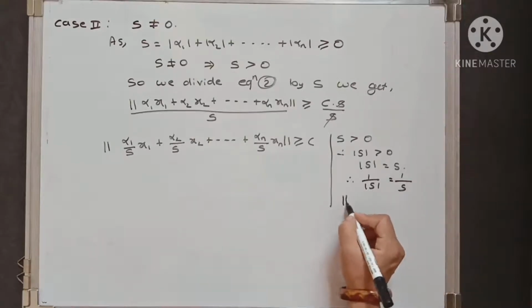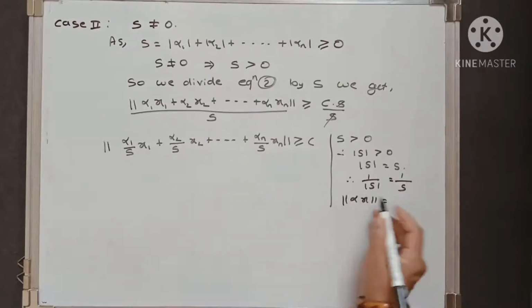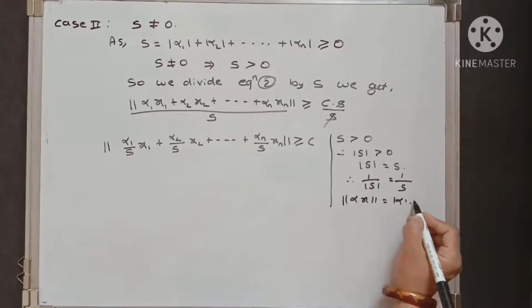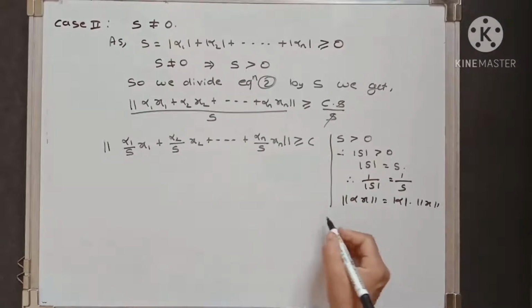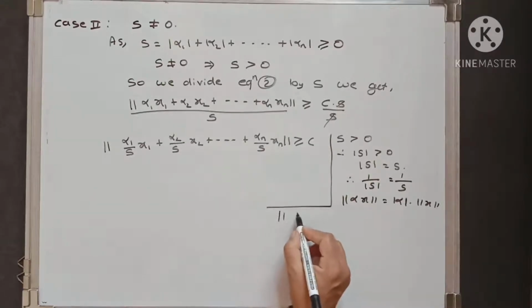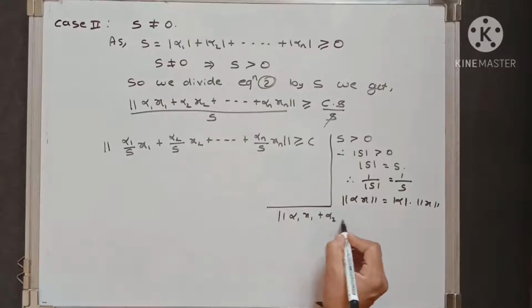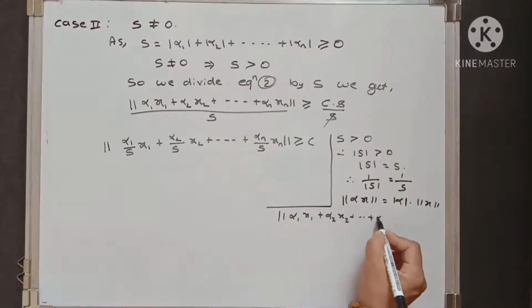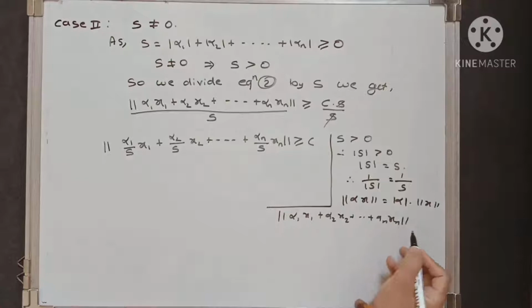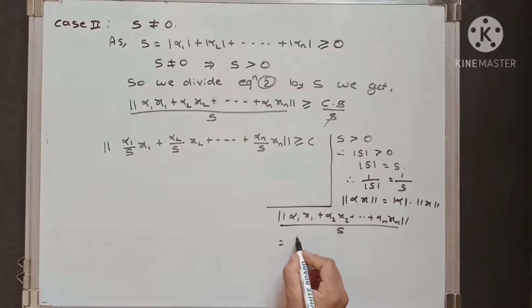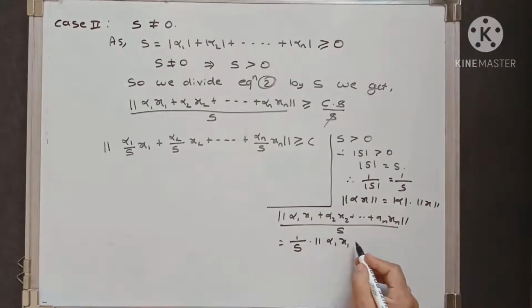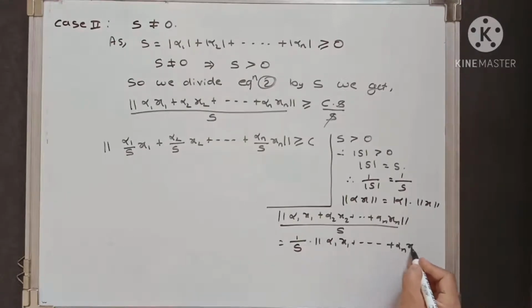And for any norm of alpha x, we always know that it is equal to mod alpha into norm of x. Therefore norm of alpha 1 x1 plus alpha 2 x2 up to alpha n xn, divided by s, is equal to 1 divided by s into norm of alpha 1 x1 up to alpha n xn.